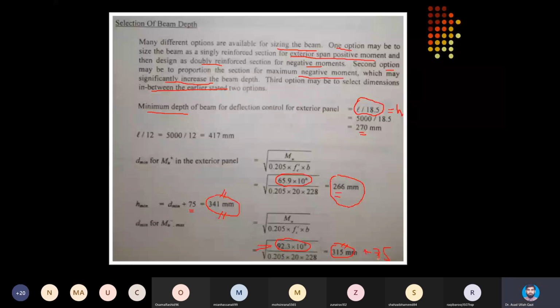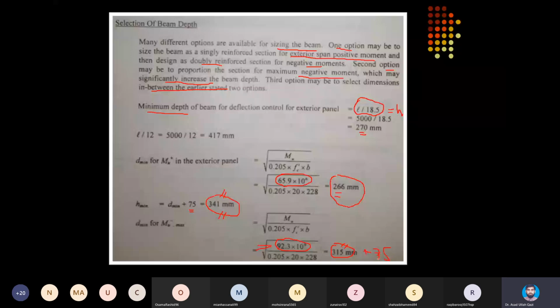So out of them, here author has selected the highest demand, which was based on 92.3, it is 315 plus 75, which is the cover selected for the steel layer from beam bottom to center of the steel layer.